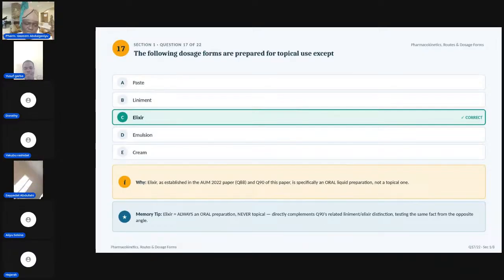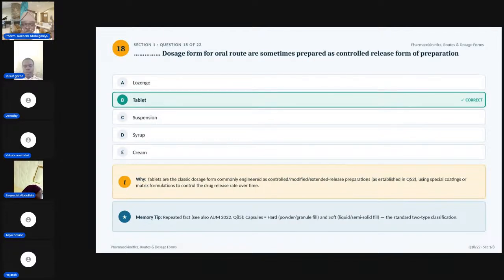So as established in the question, this question 88 and question 90 of this paper, what happened in this paper is the question came twice in different ways, especially an oral liquid preparation, not a topical one. So elixir is oral.